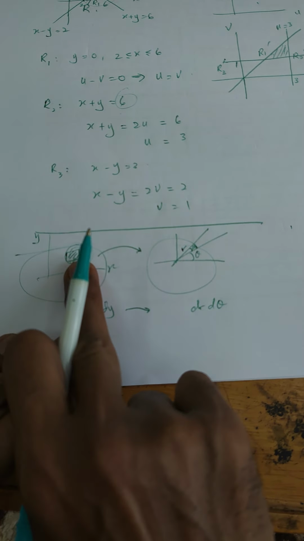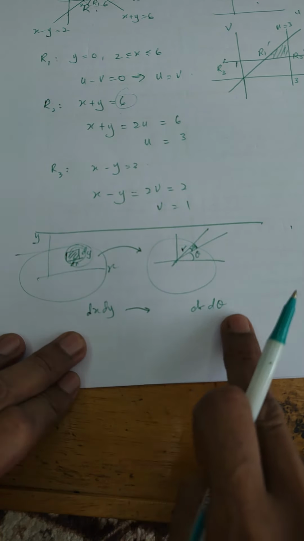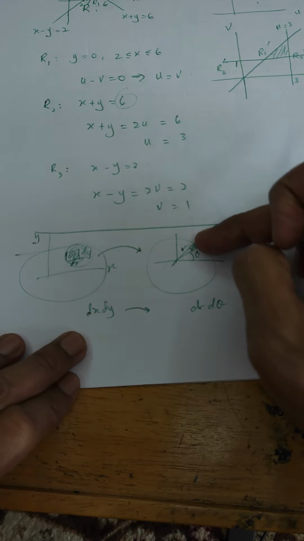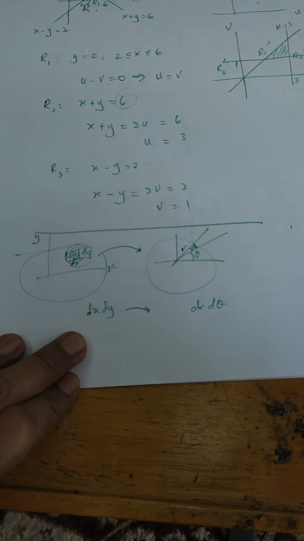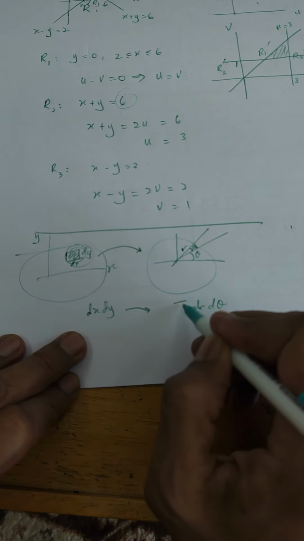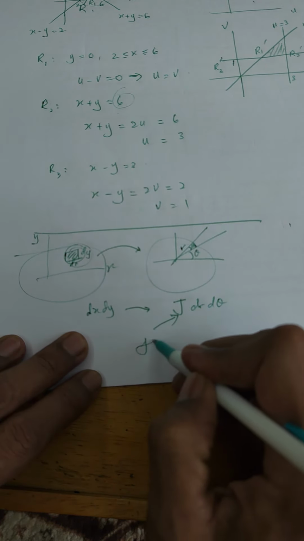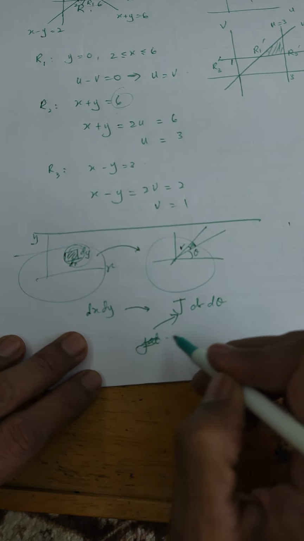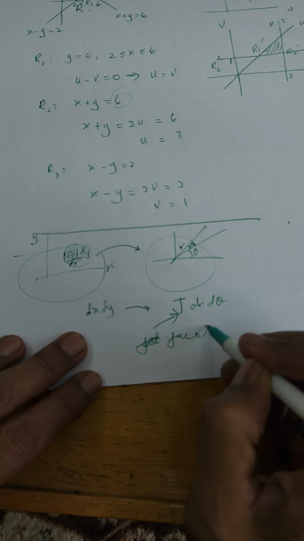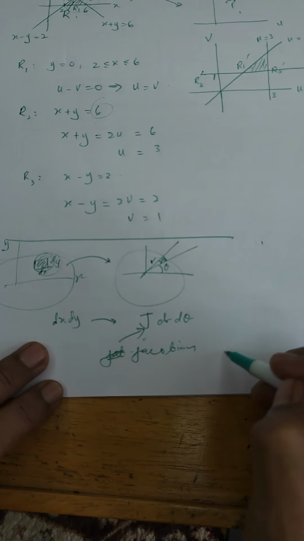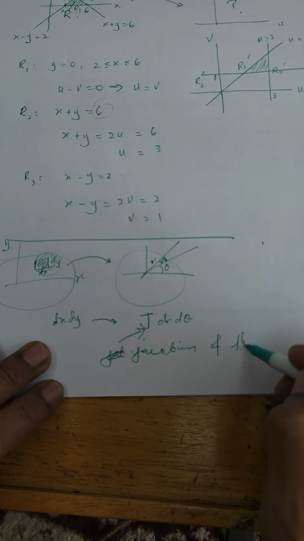This will give you the area of those small pieces, and this part also gives you the area of the small piece, but they are different. To make it equivalent, we need what we call the Jacobian. This is the Jacobian of the transformation.